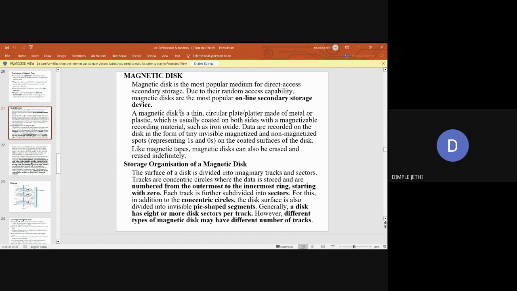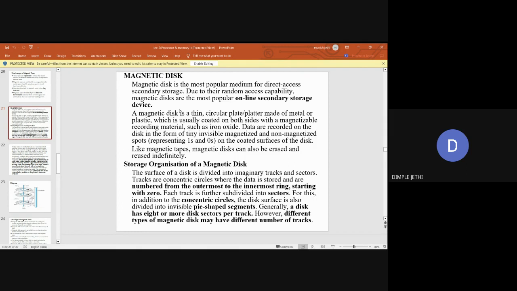Why do we divide that? Because whenever we store data, which gets stored in the form of 0 and 1, whenever I read or search the data, that data will not be searched by its contents. Data will be searched by its address. So what is that address?